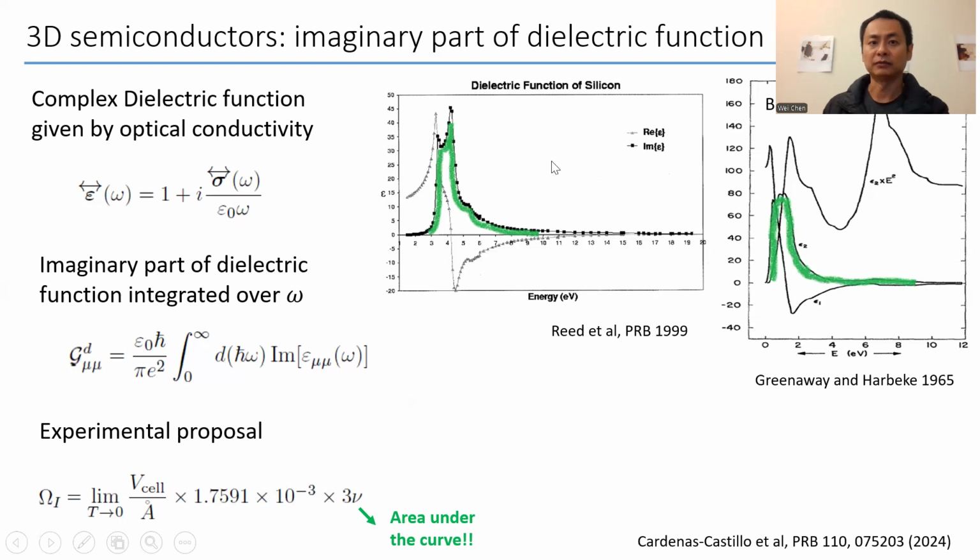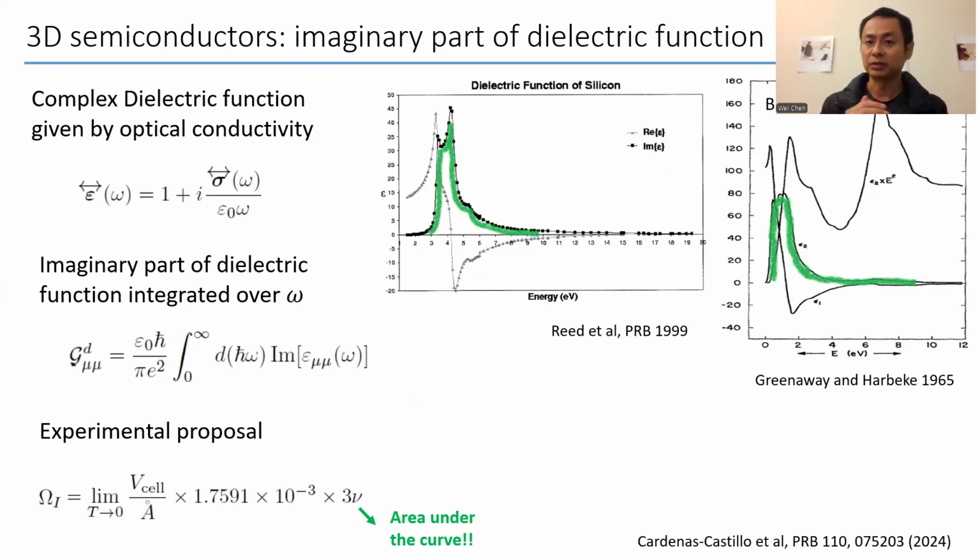For silicon, you can extract the area just from this raw data. And for bismuth telluride, you can also extract this data, whose dielectric function has been measured long ago. This is quite interesting because bismuth telluride is actually a topological insulator.